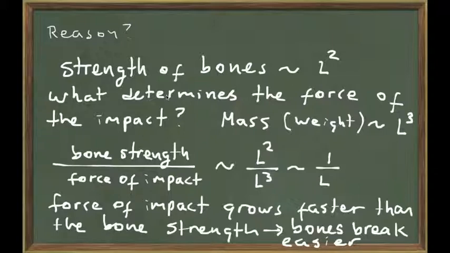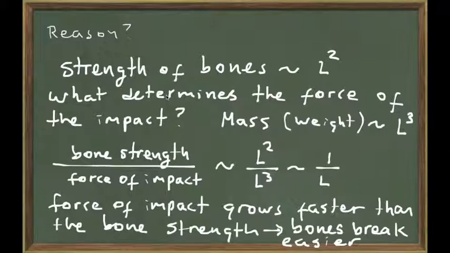So what that is telling you is that the bigger cats will be more fragile, right? There will be a point where the force of the impact will be bigger than the bone strength, right? All you have to do is make a bigger cat so that eventually this is bigger than this, so that 1 over L is smaller than 1, right? There is some constant here, of course, doesn't matter.